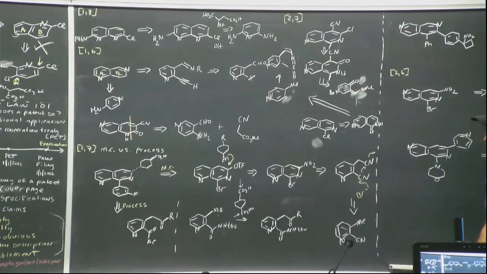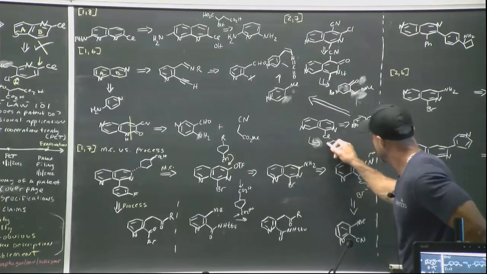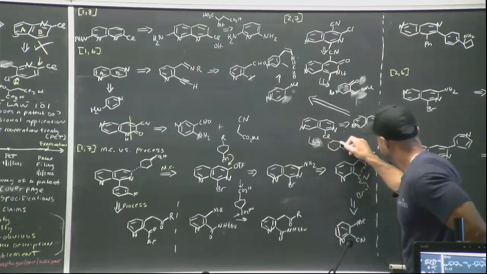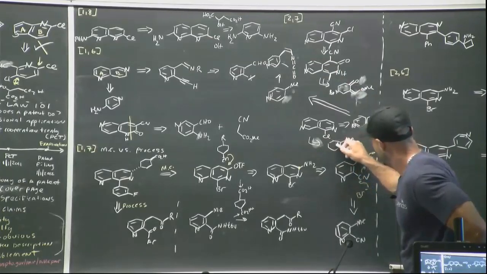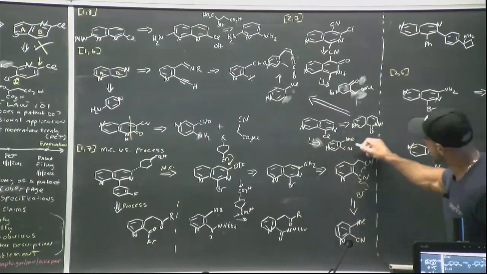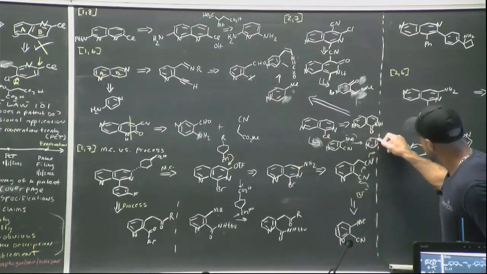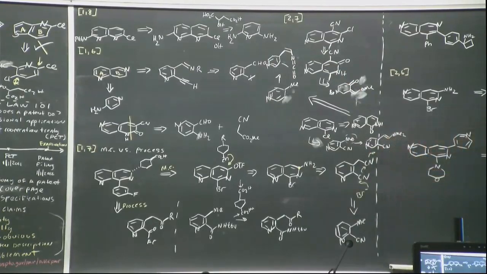That looks pretty good. Another way to do this would just be to start from the cyanomethyl. And because this is super duper acidic, you could easily append on, in Reissert style, that.